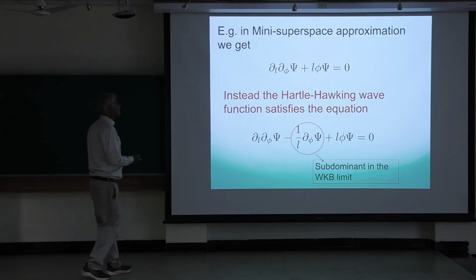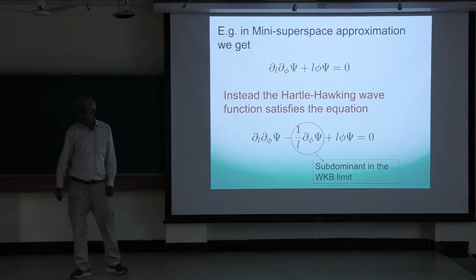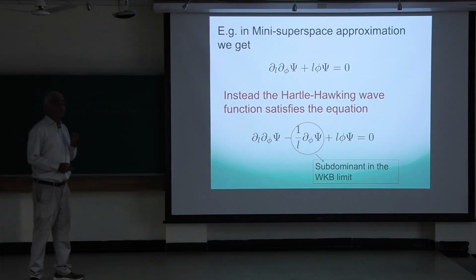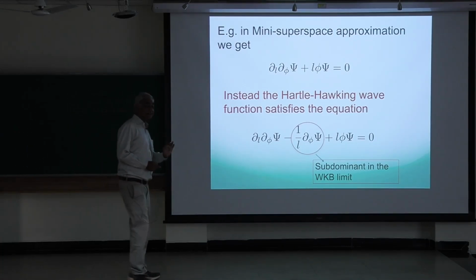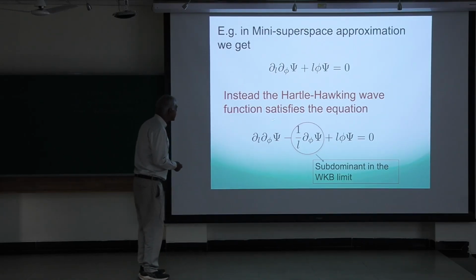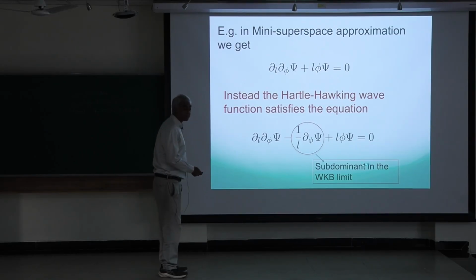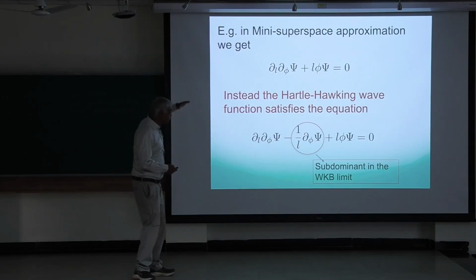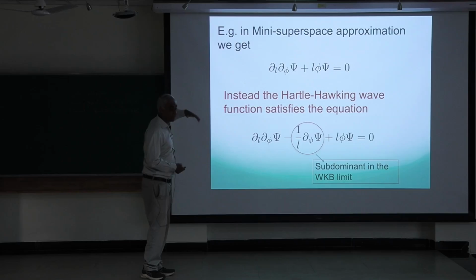So if that is the case, we have to change the Wheeler-DeWitt equation. But we know the Hartle-Hawking wave function not just semi-classically, we know it exactly. And that allows us to really pin down the Wheeler-DeWitt equation exactly, because even if you know it asymptotically, you know it for all functions, all ratios of L over phi.